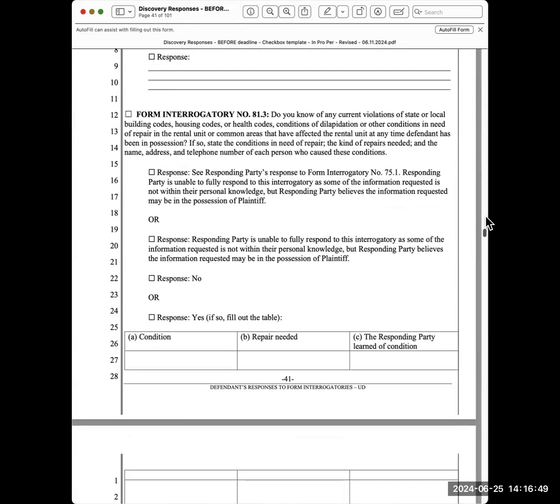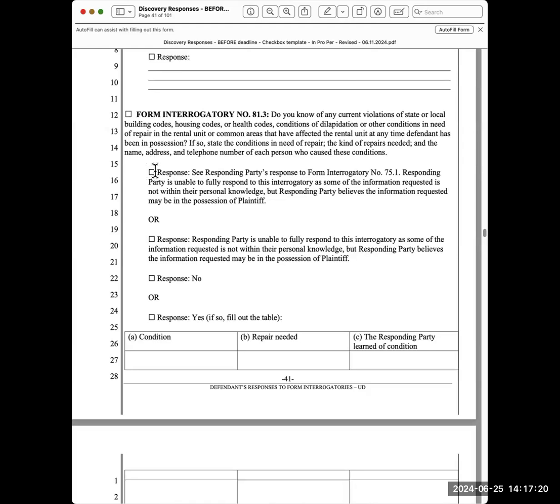And so you can actually put your answer to 75.1 in this response. 81.3 asks, do you know of any current violations of state or local building codes, housing codes, or health codes, conditions of dilapidation, or other conditions in need of repair in the rental unit or common area that have affected the rental unit at any time defendant has been in possession? Very similar to question 75.1, and therefore you can put in the response to 75.1.